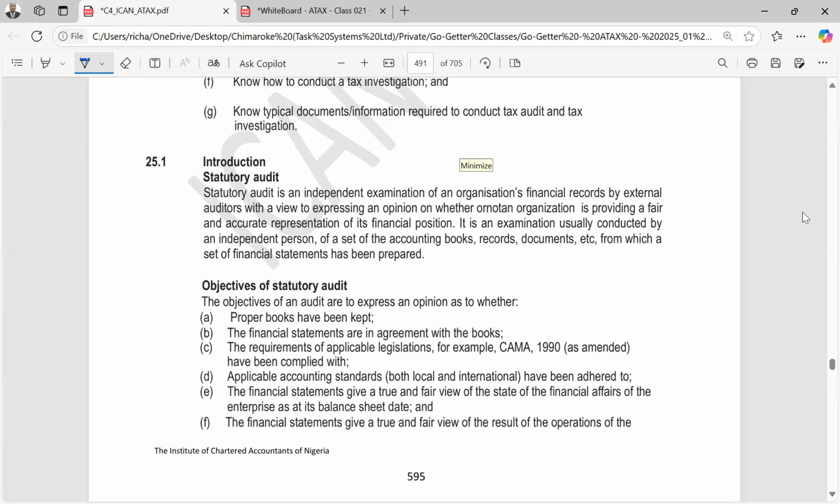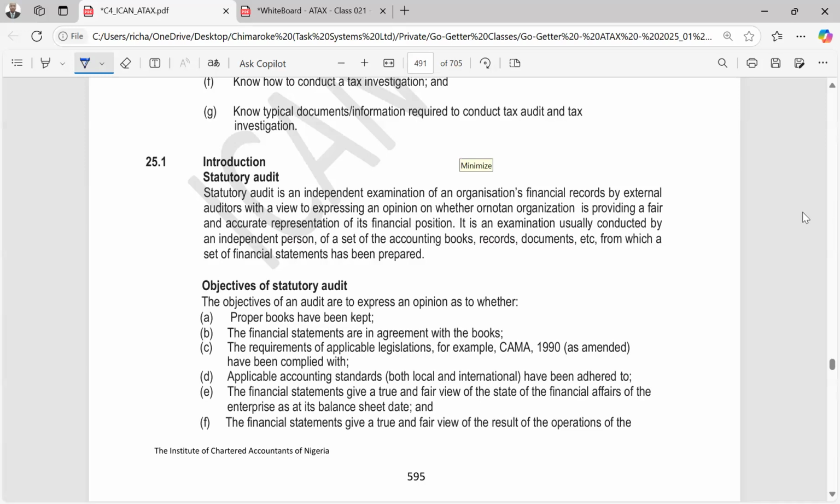Or your asset register is saying that you have an asset worth 5 million located in XYZ area, and your financial statement is saying you have an asset worth 10 million located here and there, because you want to claim capital allowance, more capital allowance to reduce your liabilities.